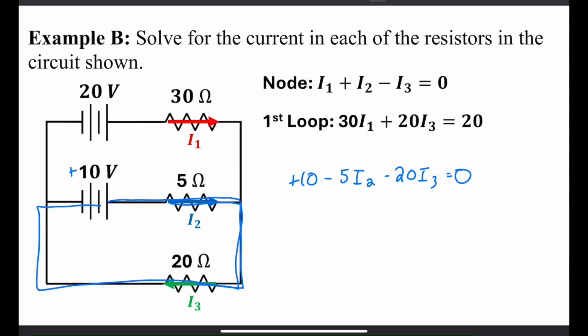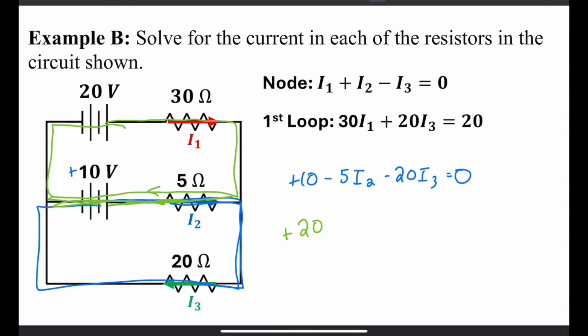The other loop I could have done is this top loop here, which involved both batteries. This one would be a little bit more complicated because the batteries face opposite directions. So if I wanted to do Kirchhoff's laws, I would have to reverse the signs because I'm sort of going through this branch here in the middle backwards.